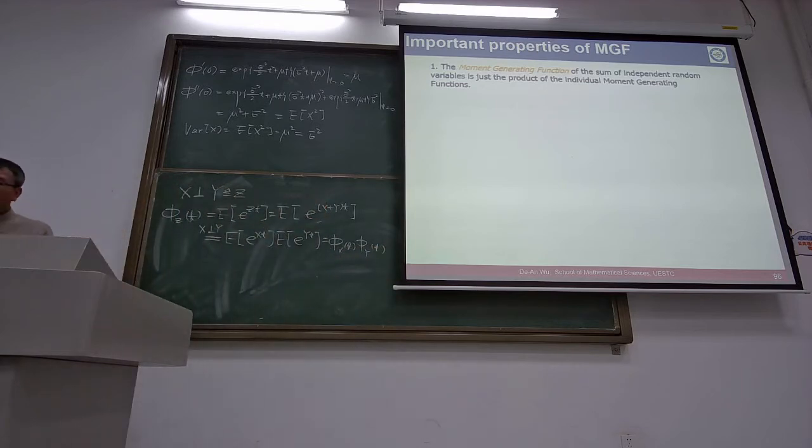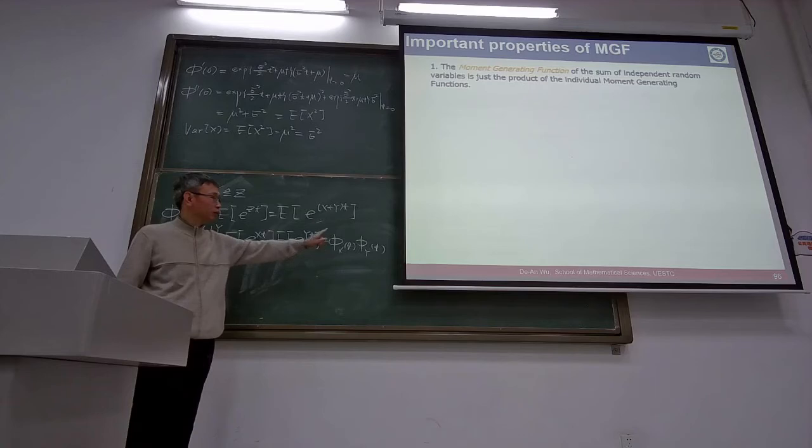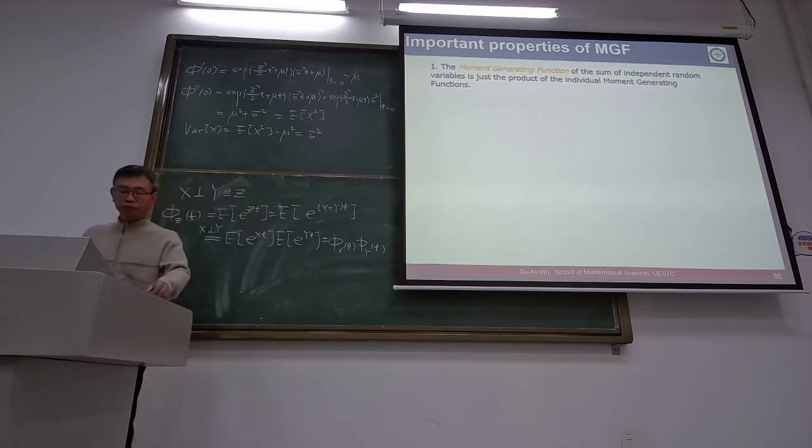That is to say, if two random variables are independent, then the moment generating function of the sum of them is just the product of each moment generating function.